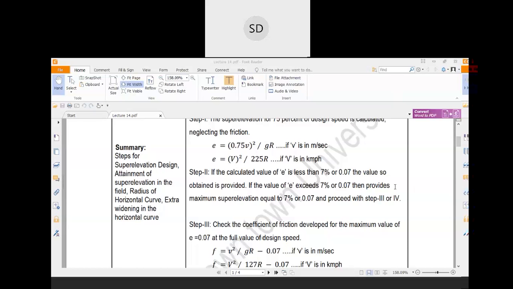Whatever value you are getting is more than 0.07, so you have to go for the next step.